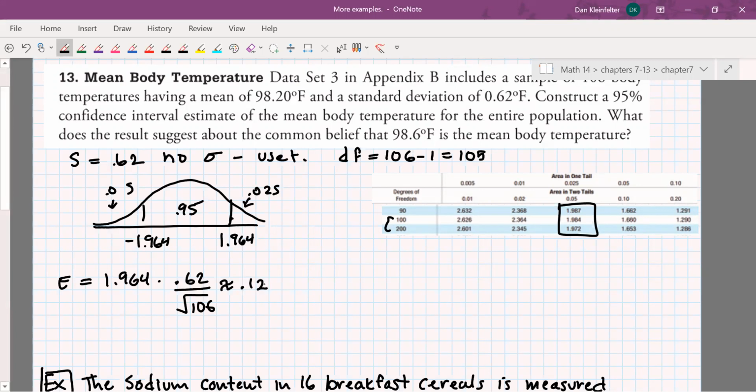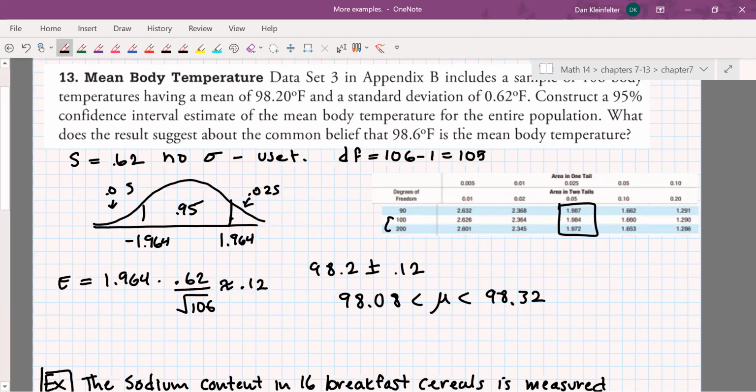Then we'll take our mean, which was 98.2, plus or minus 0.12. So the lower end is 98.08, and our upper end is 98.32. All right, so there was our 95% confidence interval.